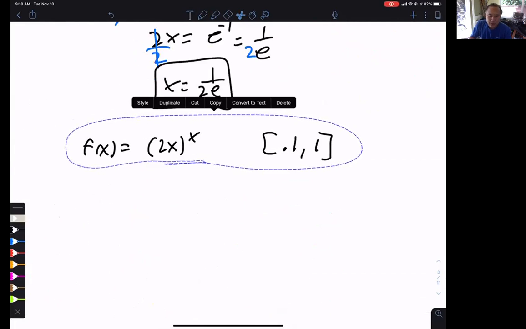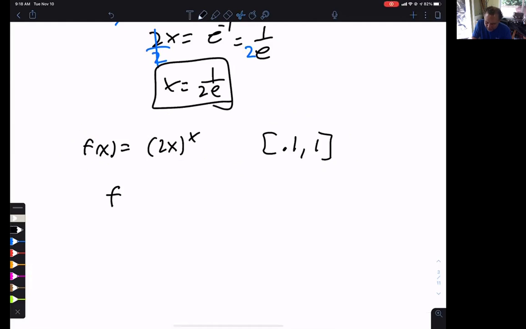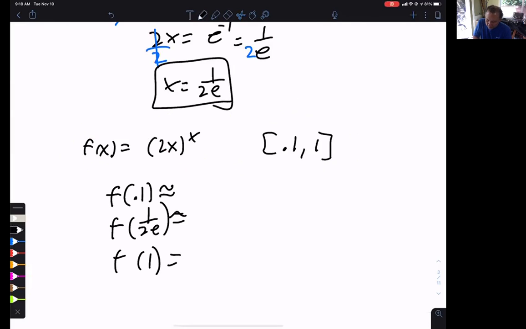Okay, so you should know max and mins occur only at critical points or endpoints. So therefore, it can only occur at point 1 or at our critical point, 1 over 2e, or at endpoint 1. Now, if you plug these into the original function, I will tell you the values you get. At point 1, you're going to get 0.851.